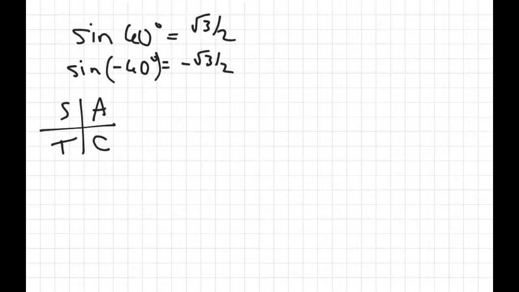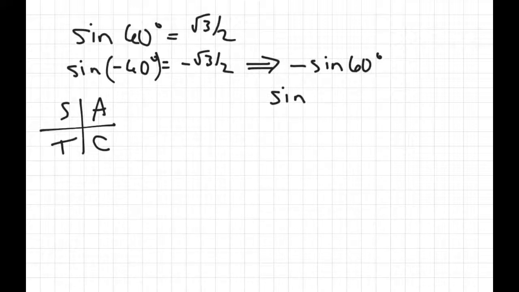So notice that the sine of negative 60 degrees is the same thing as negative 1 times the sine of 60 degrees. By definition, the sine of a negative angle is the same as negative 1 times the sine of that angle.